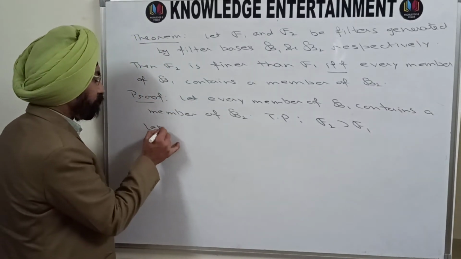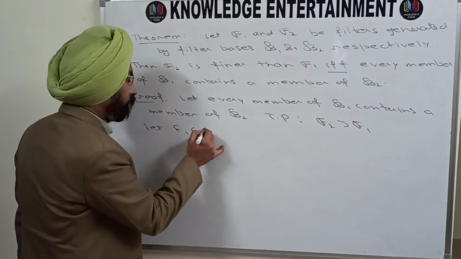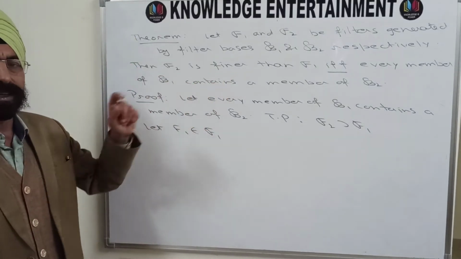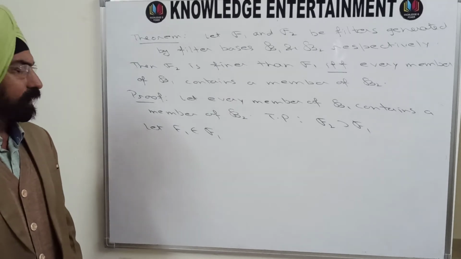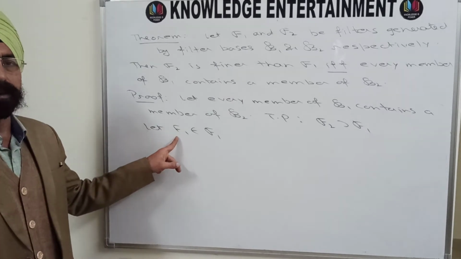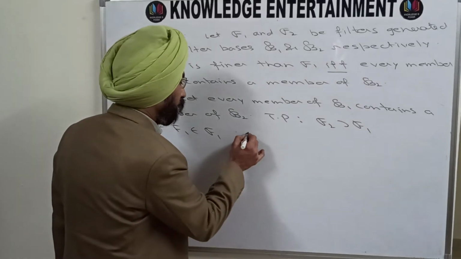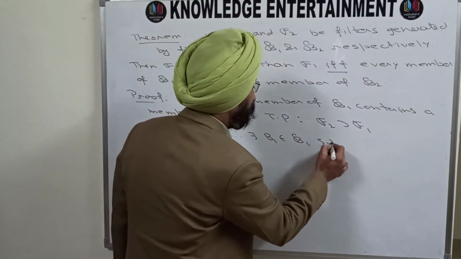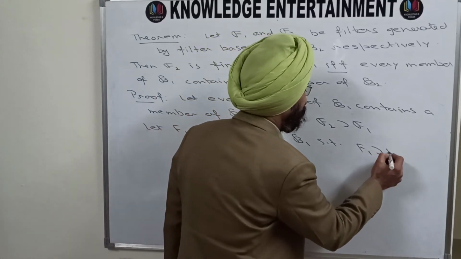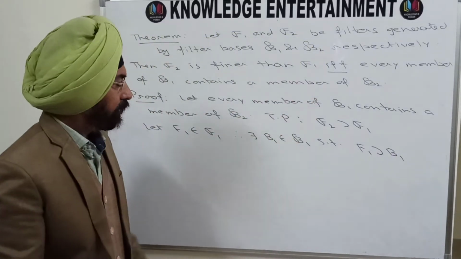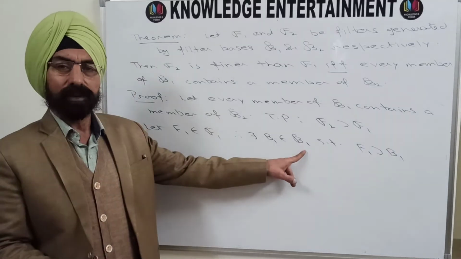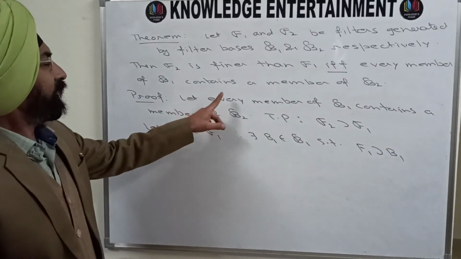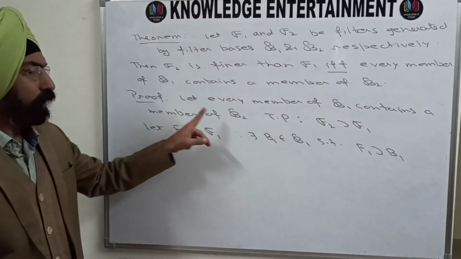Let F1 be a member of F1. And F1 is a filter generated by filter base B1. So that means F1 contains some member of B1. Therefore there exists some member B1 of B1 such that F1 contains B1. B1 is a member of filter base B1, and we are given that every member of B1 contains a member of B2.